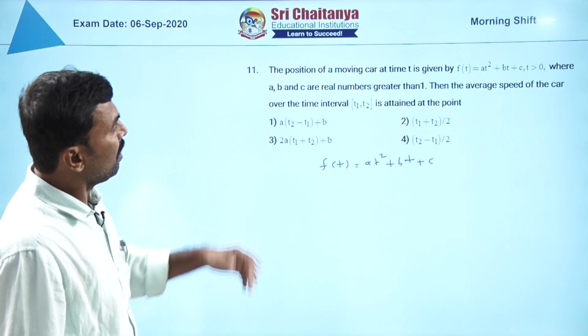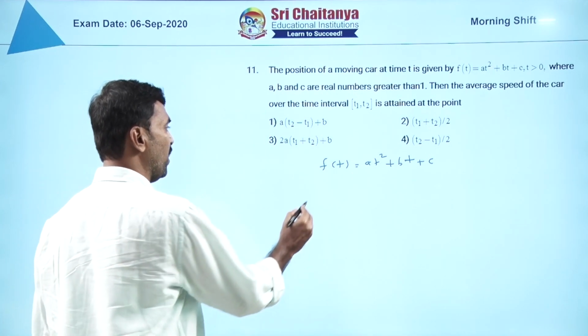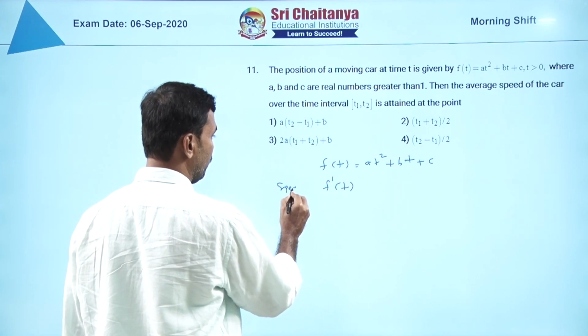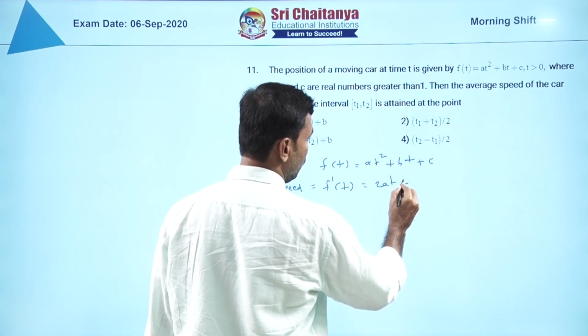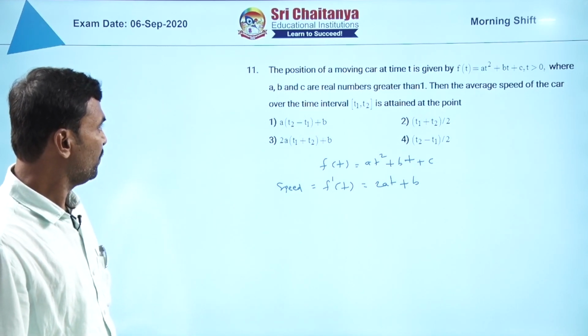Always, speed is equal to the derivative. So, if I find f dash t, I will get the speed: 2at plus b is the speed of the car.